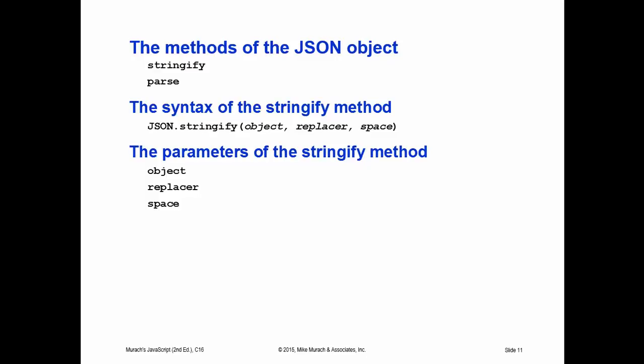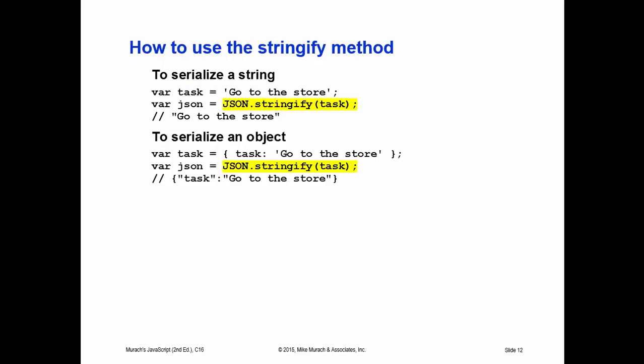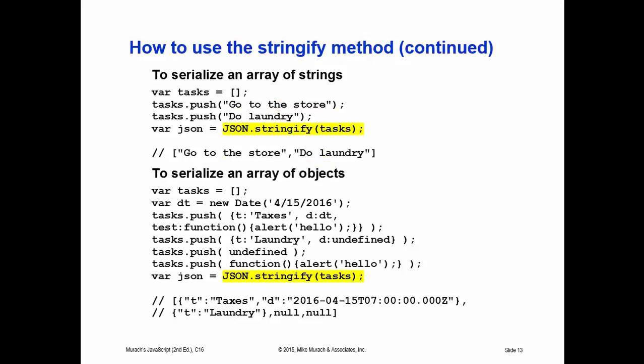If necessary, you can use those optional replacer and space parameters to customize how the object is going to be serialized, and we'll look at that in just a minute. But there are examples in here. And you can see where you're serializing a string and serializing an object, etc.